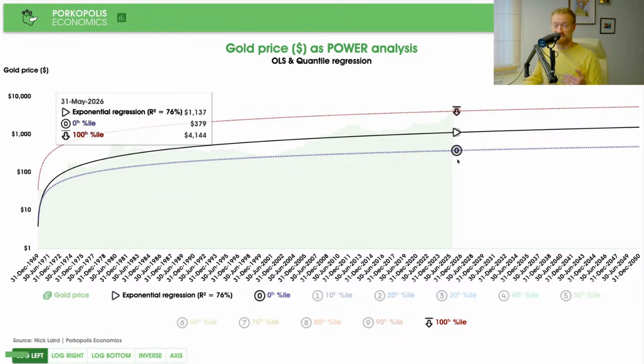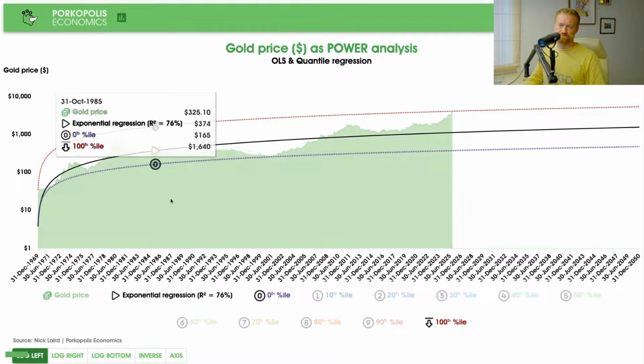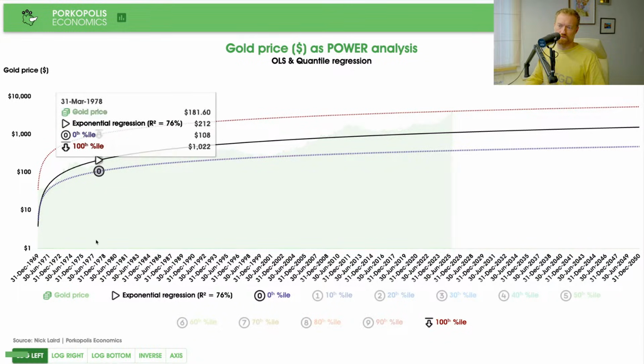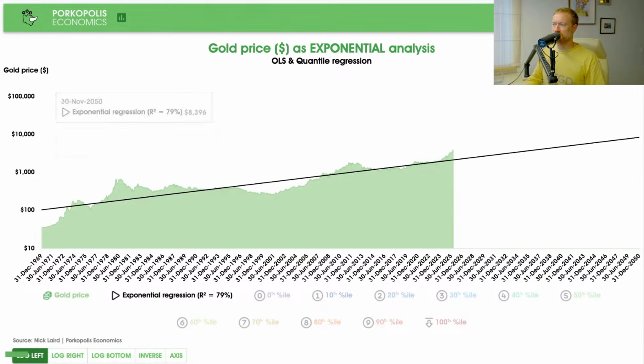Because it's a declining rate of growth is what this means. It might seem at first glance like it's kind of okay. But gold moves just like the stock market, just like the bond market. It's much more clear that it's exponential.